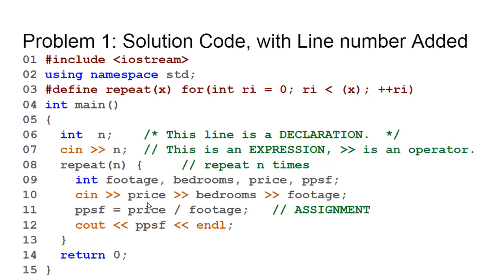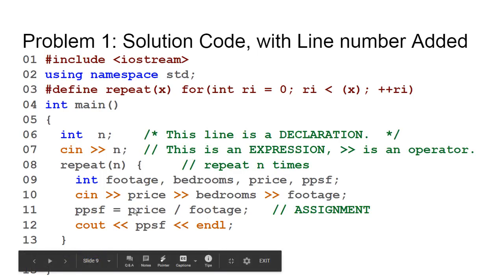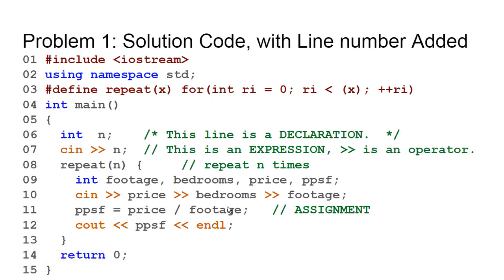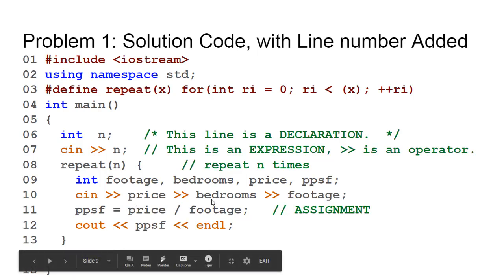And when we do computation, we are going to use expressions. For example, on line 11, we have price divided by footage. This is an expression, and an expression can be formed using variables, operators, constants, and also parentheses. In fact, if you think of arithmetic expressions in elementary math, they can pretty much be used here.